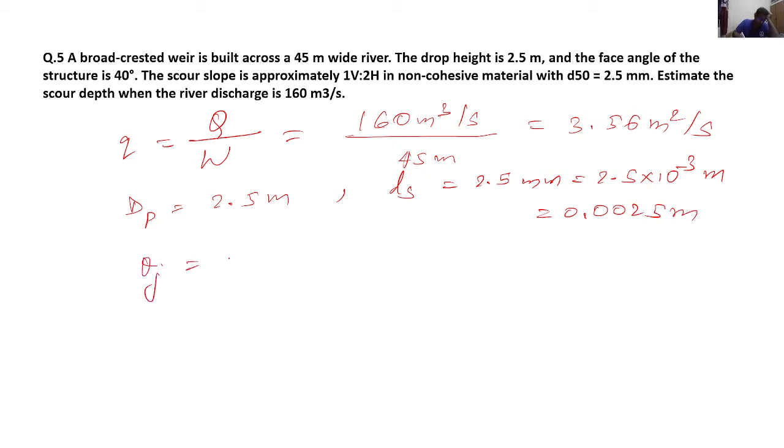Theta j is tan inverse of 1 vertical by 2 horizontal, so it's 1 by 2, which comes out to be around 26 degrees. And phi, that is the face angle of the structure, is nothing but 40 degrees.